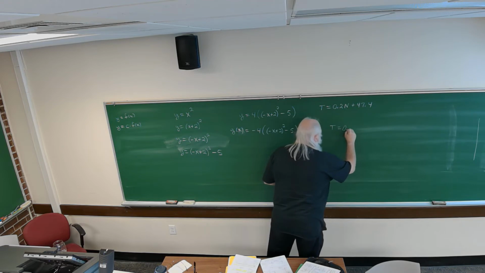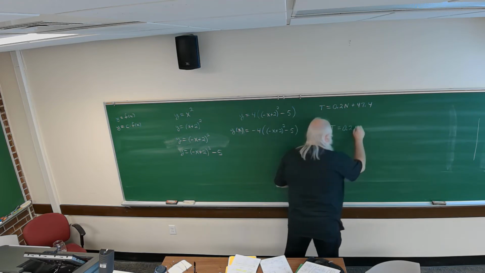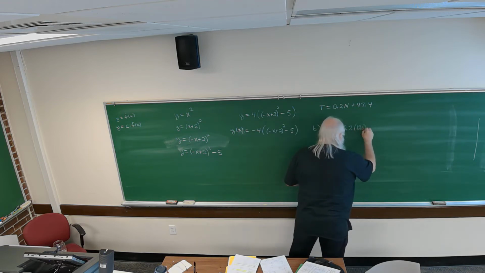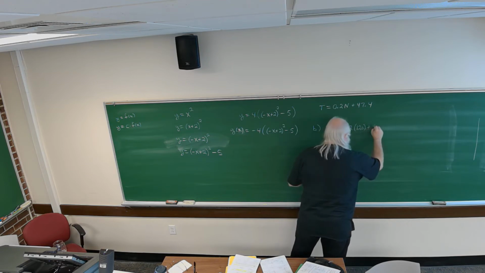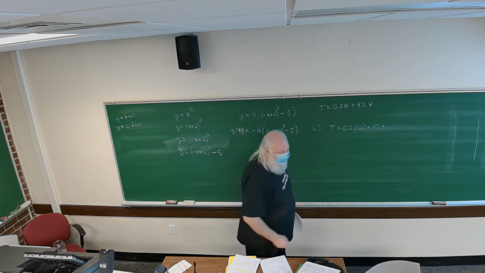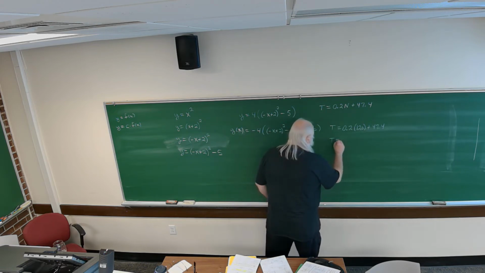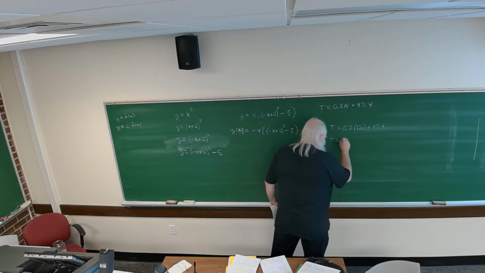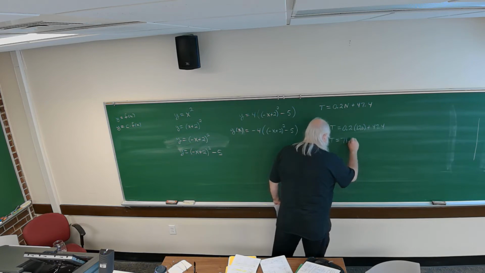So 0.2 times 120 plus 47.4. Now it's just arithmetic. We have temperature is equal to 71.4 degrees. Okay.